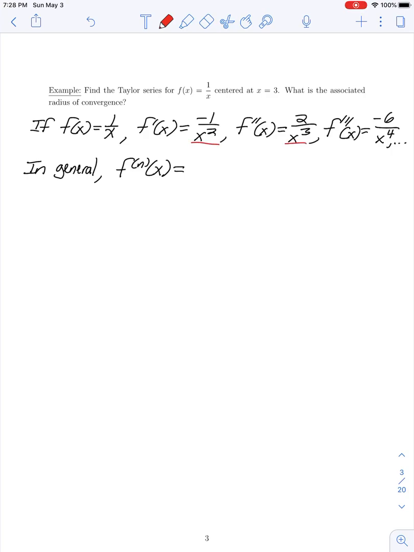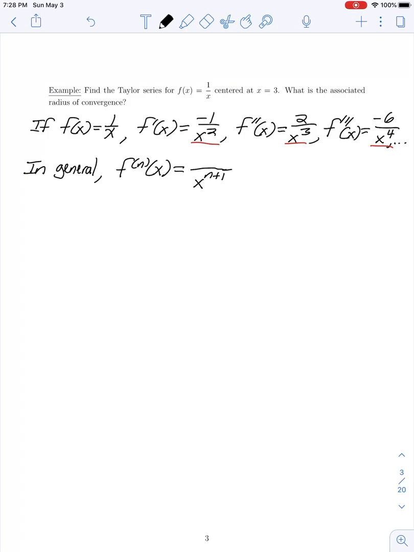For the second derivative, we had x cubed. For the third derivative, we had x to the fourth. And that pattern will continue. So in general, for our nth derivative, our denominator would be x to the n plus 1 power. That is, the power of x is always 1 greater than the order of the derivative.